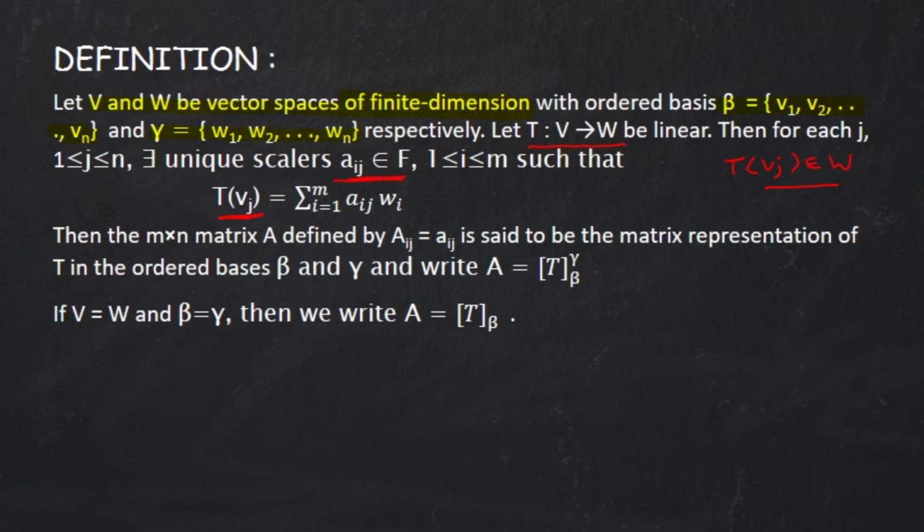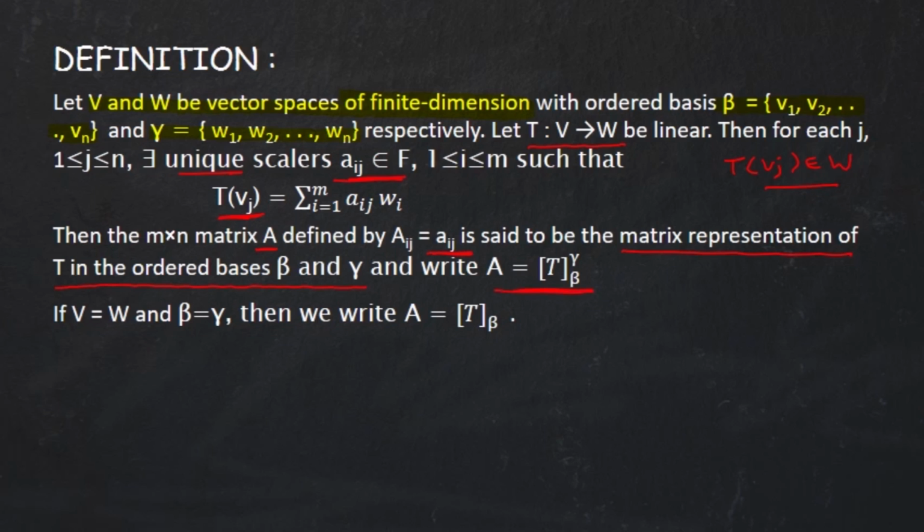Okay, so these are unique scalars, and now we define the matrix A as the one whose ijth entry is aij. Then this matrix is said to be the matrix representation of T in the ordered bases beta and gamma, and this is the notation for this matrix representation.